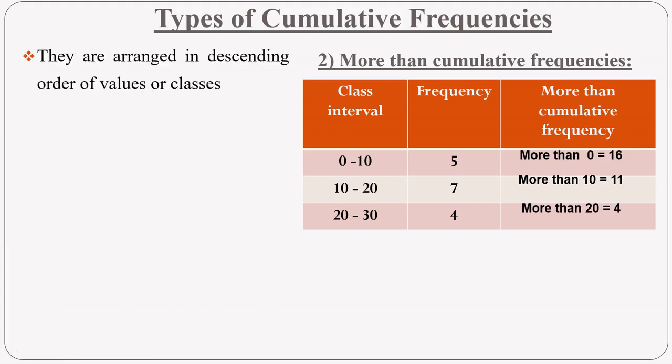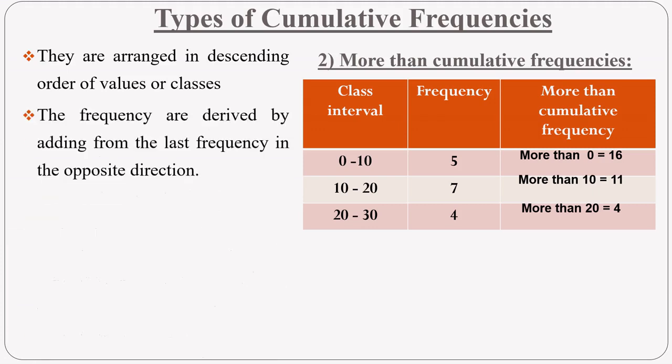So they are arranged in descending order. Descending means from big to small. So this is what we need to understand. Frequencies are derived by adding from the last frequency in the opposite direction. That's why I told you we should make the total first and bring it on the top. See, in the opposite direction we are going on reducing and bringing the values.